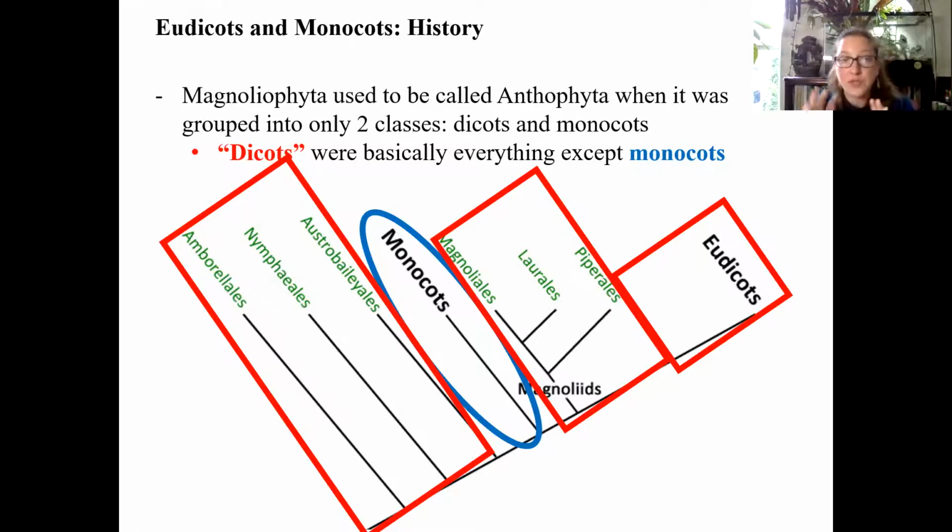Everything in red used to be within the dicots, and everything within blue was the monocots, right? And you will very likely see the terms monocot versus dicot in lab, and that's okay. I'm just giving you the context of why that's an oversimplification and it's not quite accurate today, but for the purposes of lab, monocot and dicot are fine.